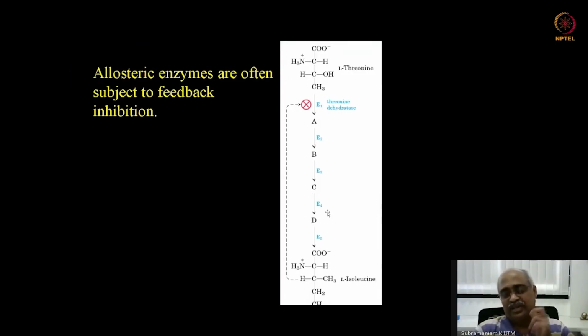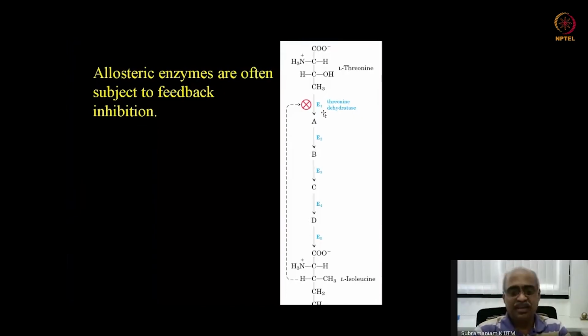Now we are looking at a biochemical pathway where one substrate is converted into a subproduct which is released out of that enzyme. Okay, which can go into multiple different pathways, and in this particular direction, then E2 acts on A to make B, and so on.